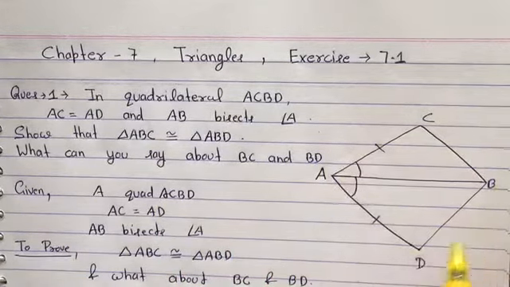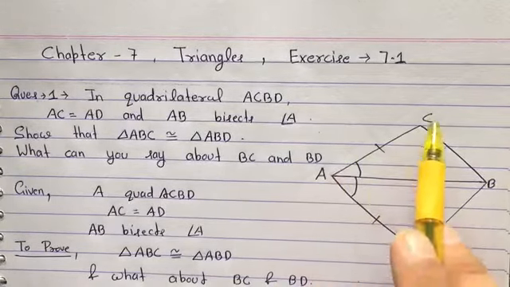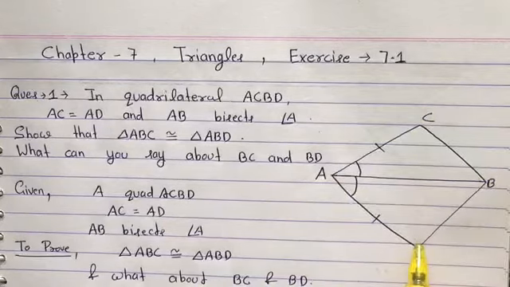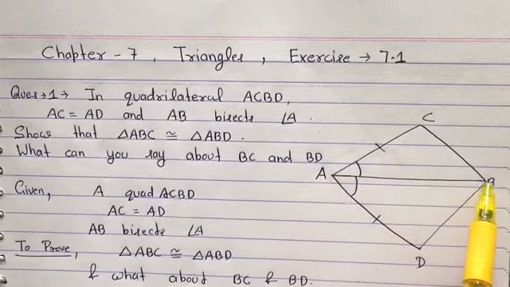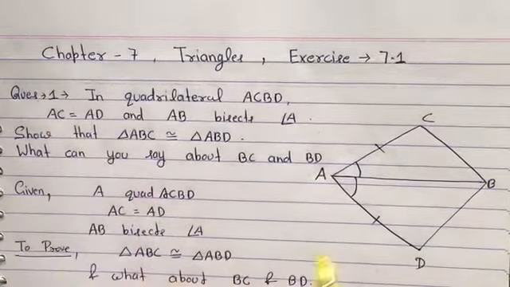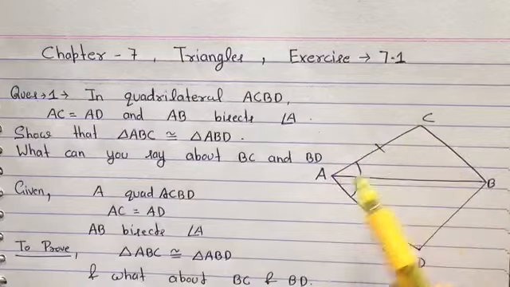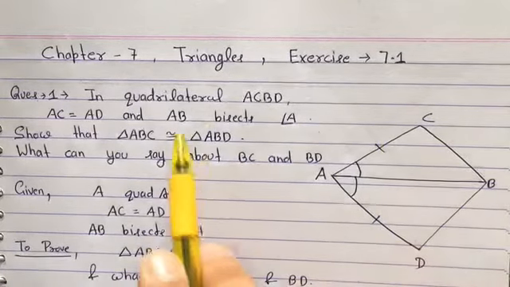So this is the figure: quadrilateral ACBD. This diagonal AB is joined here. AC is equal to AD. This thing is given.